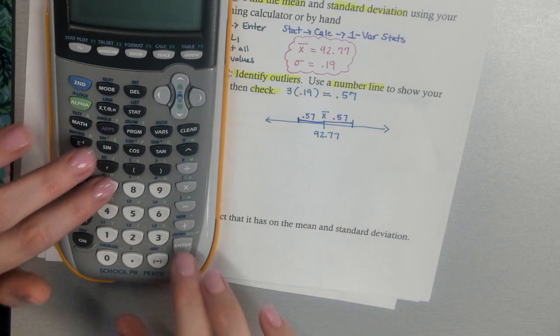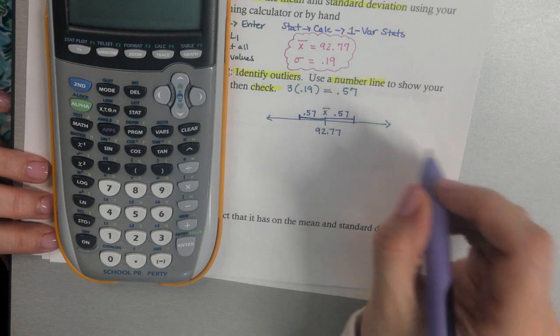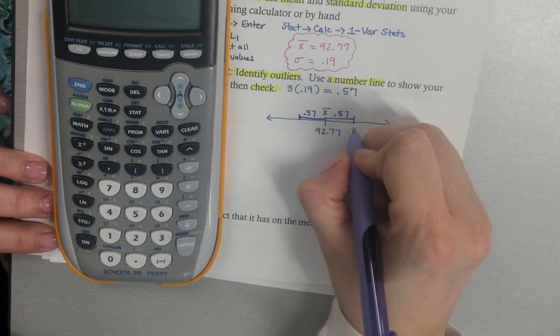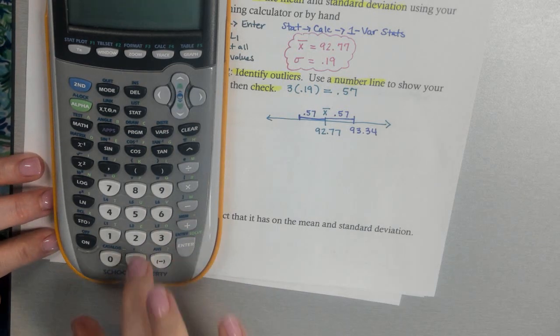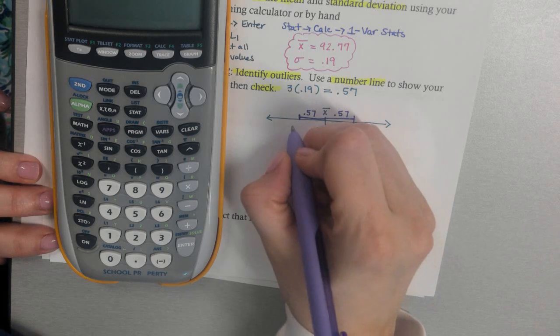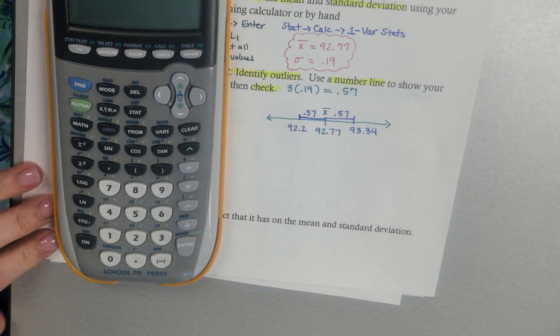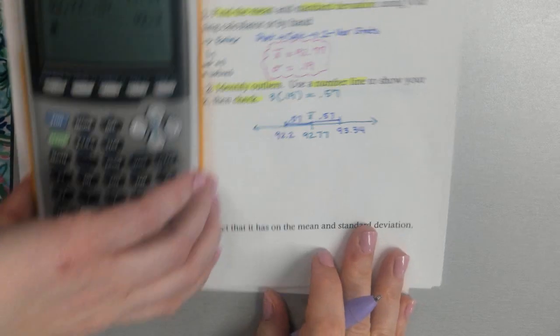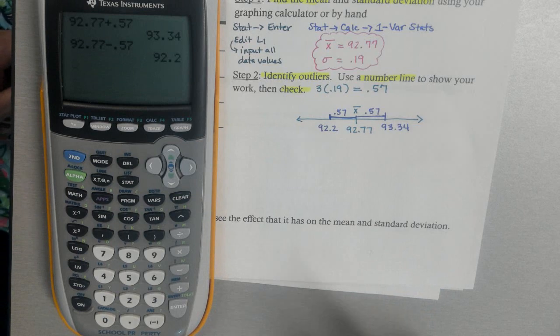We have 92.77 plus 0.57, which gives us 93.34. And then we subtract.